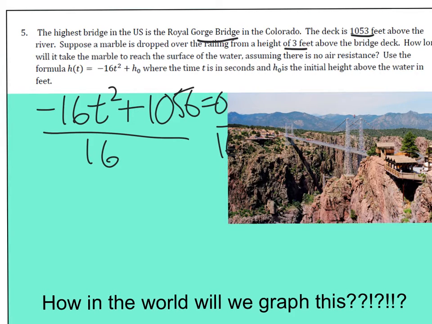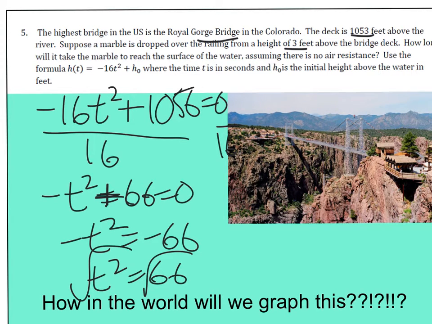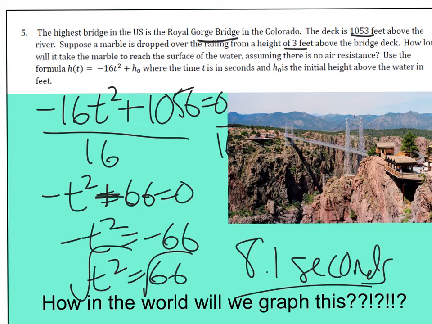So 1056 divided by 16 gives me negative t squared plus 66 equals 0. Negative t squared equals negative 66. So t squared equals 66. So if I square root 66, I get about 8.1 seconds. That's how long it would take for that thing to hit.